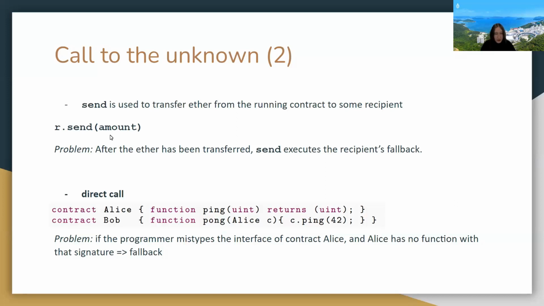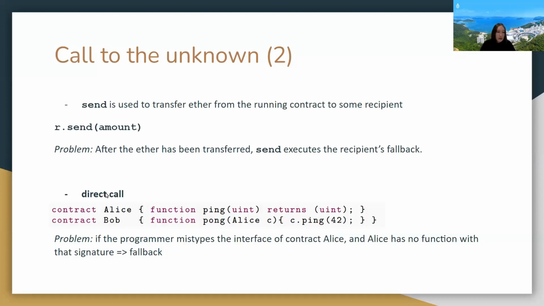You probably have seen examples in the lecture where, when you use send and the contract we're sending the amount to does not have a receive function, then you would go directly to the fallback function.